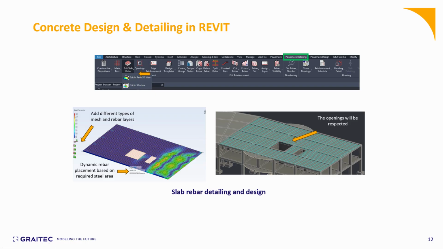So first of all, you can also add different types of mesh and rebar layers to cover that required steel area. And the application of these forces are fully dynamic, so you can just control it with your mouse, diameter of rebars or their distancing to cover the required steel area more economically.